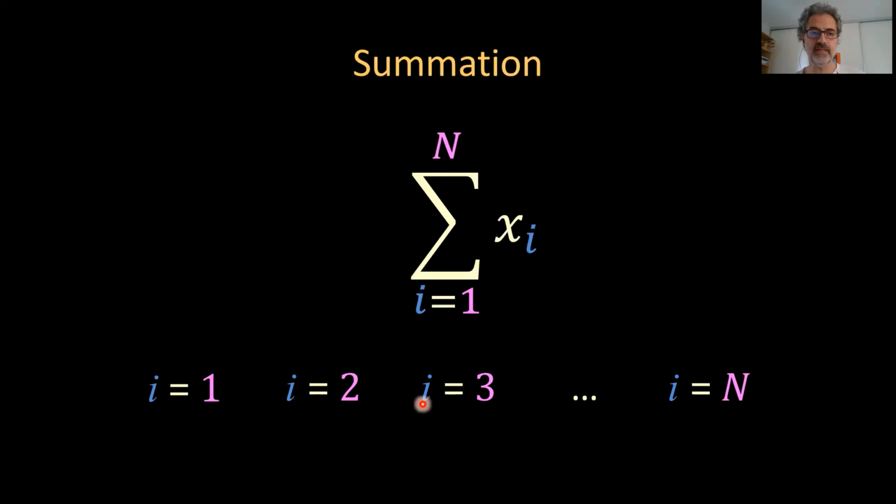And for each value of I, we have whatever is after the sigma symbol. So for I equals 1, we get x1. This thing becomes whatever I is at this point. And when I equals 2, we get x2.